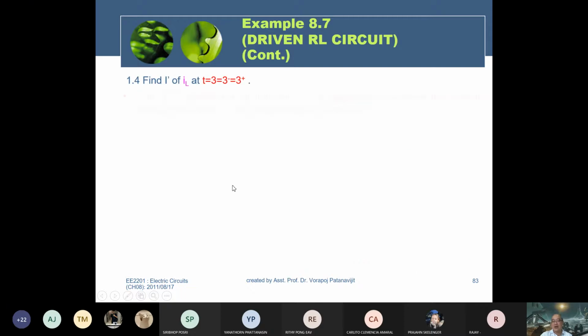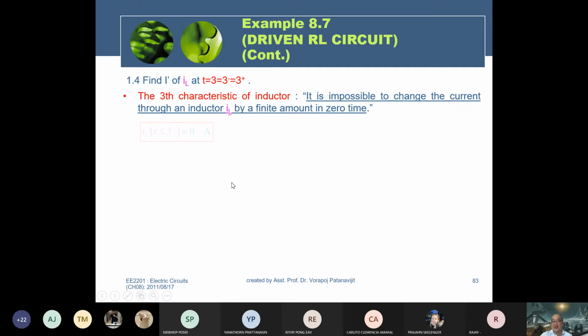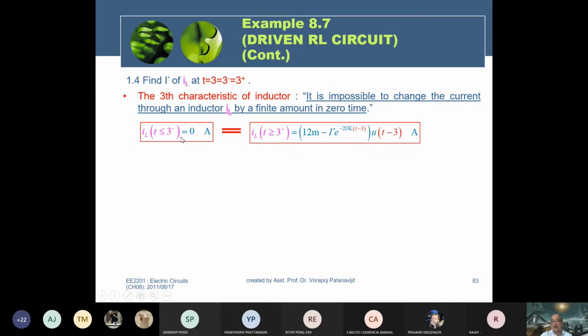Step 1.1 and step 1.3 are equal when time equals 0. IL for time less than 3 equals 0. IL for time greater than 3, after the switch is activated, equals 12 milliamps minus I hat e to the power of minus 20k (t minus 3).